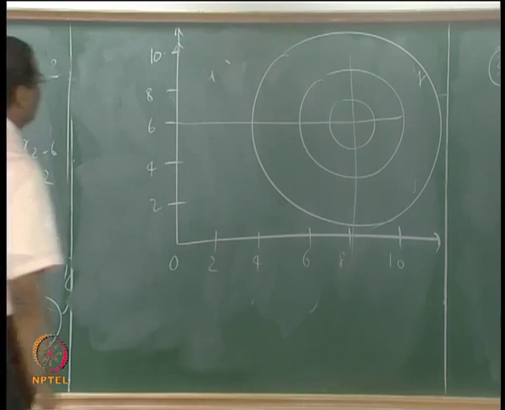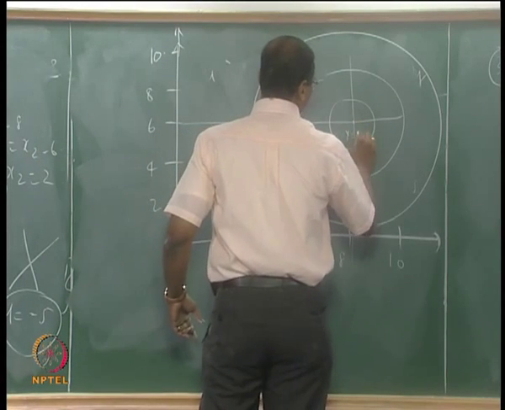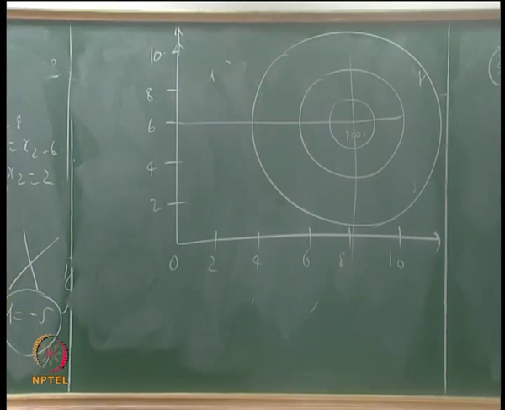The center point is y equal to 0. Where is x1 plus x2 equal to 9?